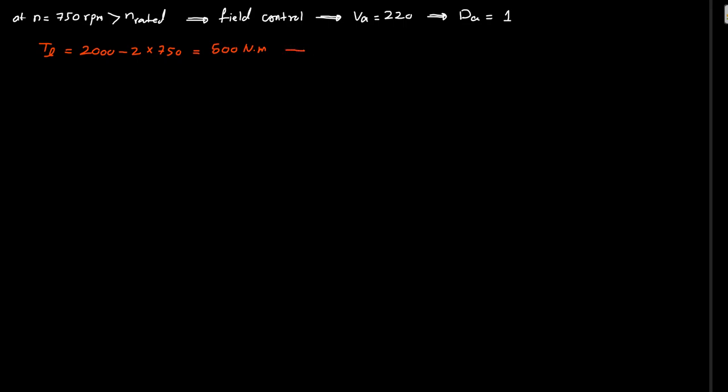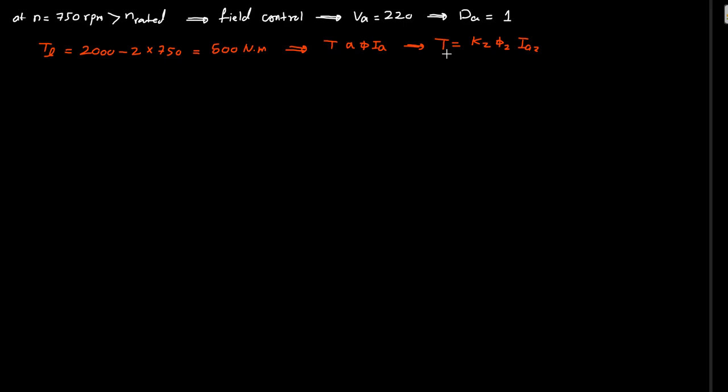Now we know that T is proportional with the flux and IA. So in this case we can say that T is equal K2 phi 2 IA2, because 1 is already occupied for the, let's say, for the rated condition.